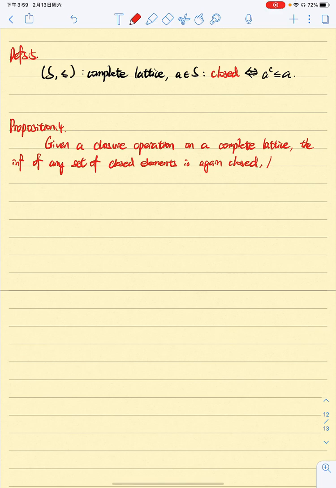Here the closed elements form another complete lattice.